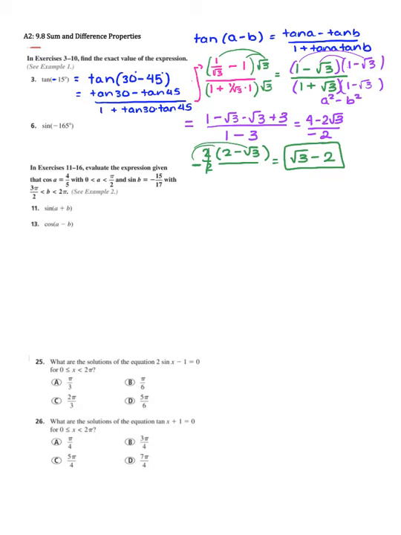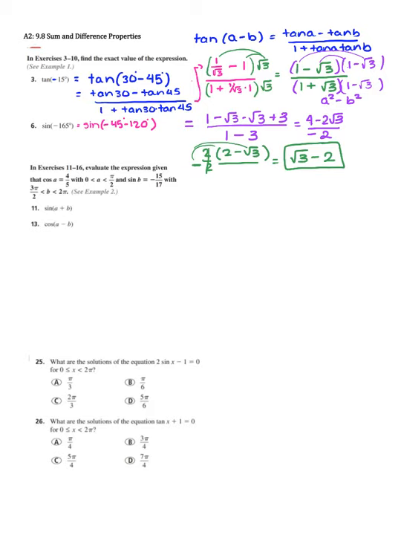Okay, so then we have sine negative 165. I'm going to deal with this one as, we're going to do a couple identities here. I can rewrite this as sine of negative 45 minus 120, which you have on your unit circle. That would equal negative 165.